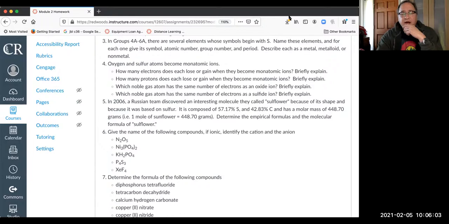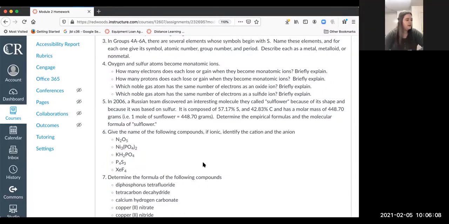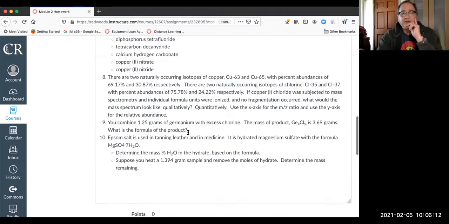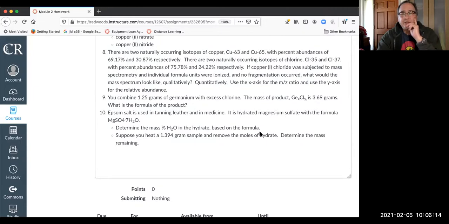So number 5, is that correct? Number 8. Oh, number 8, I'm sorry. Okay, so there are 2 naturally occurring isotopes of carbon, carbon 63 and carbon 65. I've got to put my participant list off to the left so I can read this. 2 naturally occurring isotopes of chlorine, with percentages.